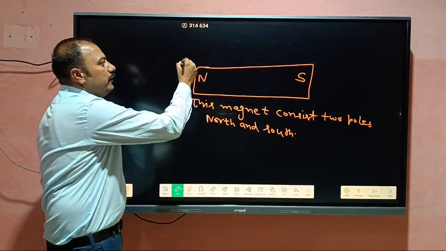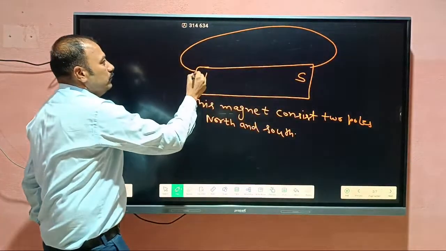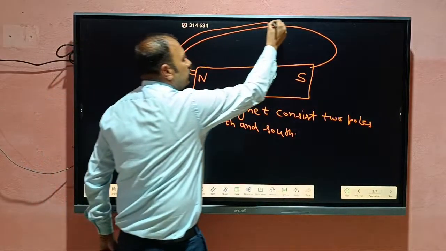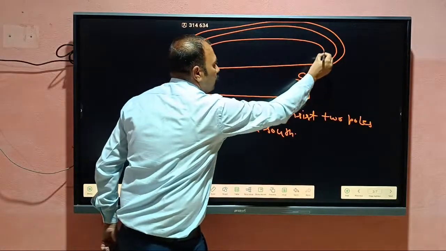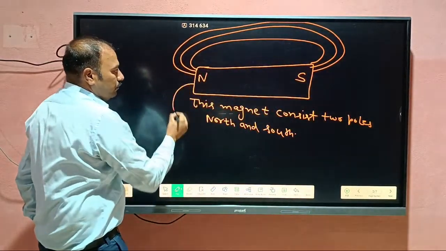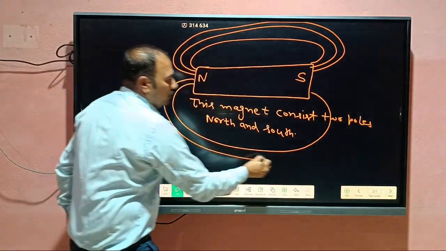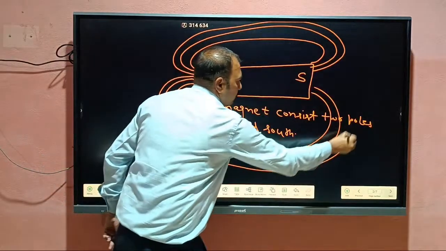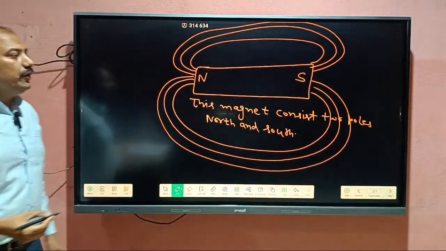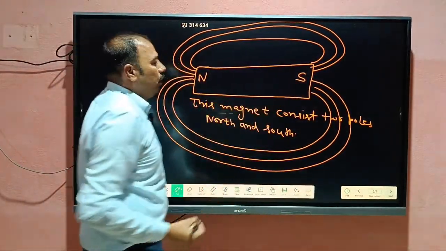So these field lines start from the north pole and merge at the south pole.